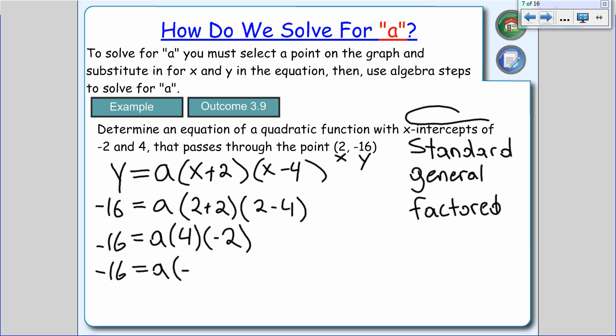I did that pretty fast, so let me go back over how that worked. I took my x value and plugged it in everywhere I saw x, put my y value everywhere I saw y, and then I simplify. 2 plus 2 is 4. 2 minus 4 is -2. 4 times -2 gives me -8. Divide both sides by -8, and a is 2.